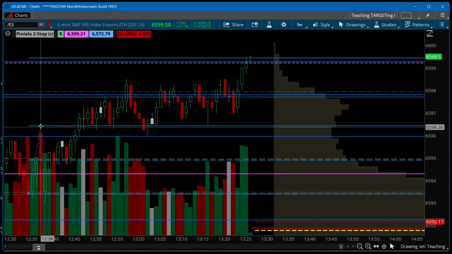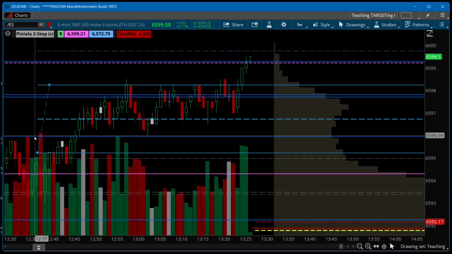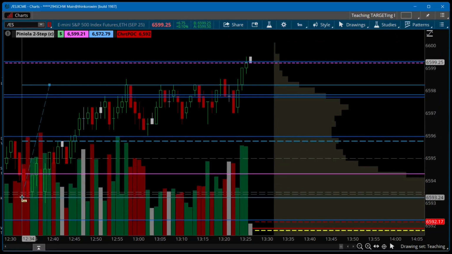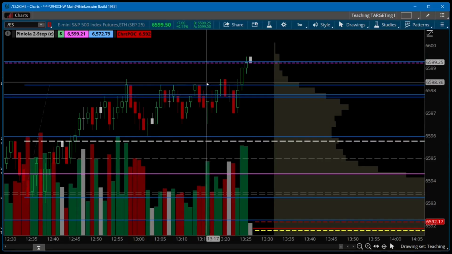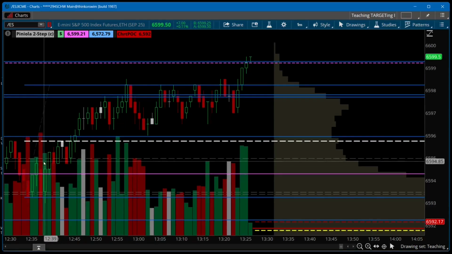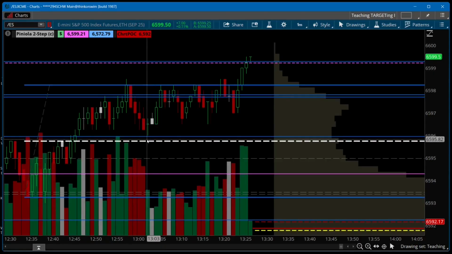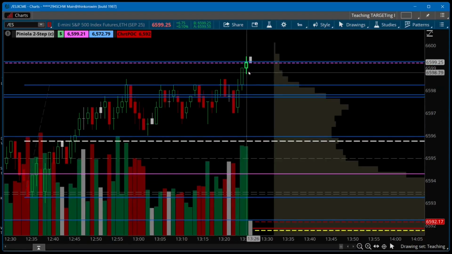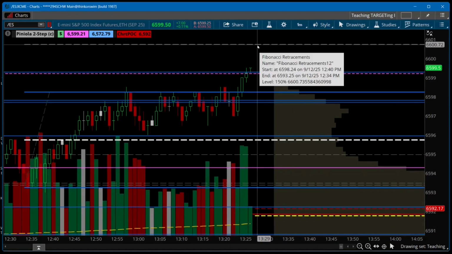If I measure, oh, too much of this, that probably presents us with our next target, which I measured this move back down to almost the 0.5. That gives us the 1.5 as a target, which is right here.